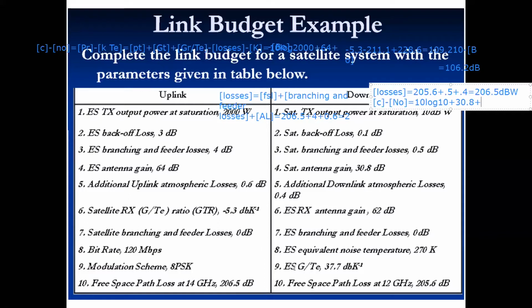Plus G by T of earth station is 37.7, correct? Minus the losses, that is 206.5 plus 228.6 minus back off, that is 0.1.